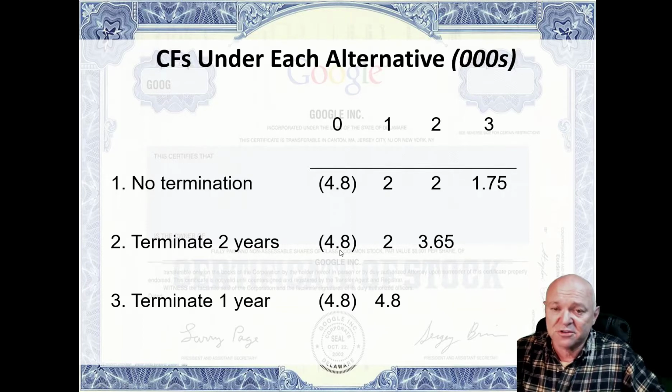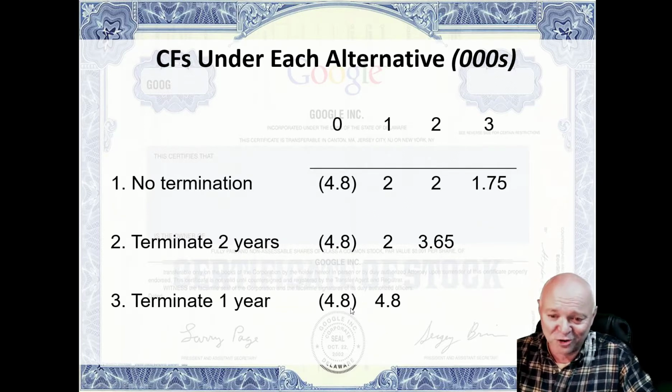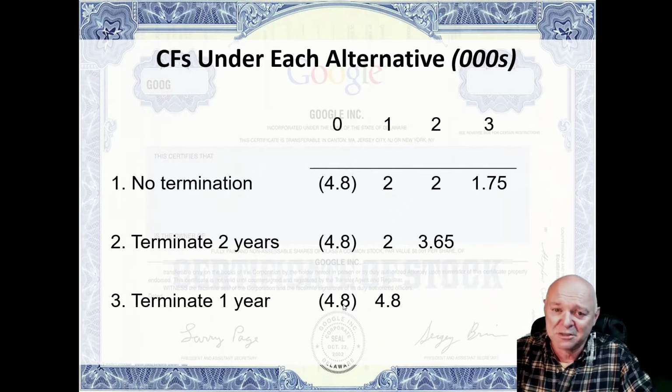Operate for 2 years, $4,800 cost, $2,000 we earn in year 2, $2,000 we earn in year 3, plus $1,650, the salvage value. And if we don't operate at all, we shut down in the 1st year, well, we spend $4,800, we earn $4,800.